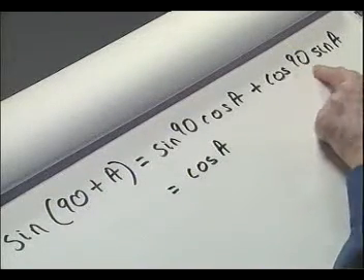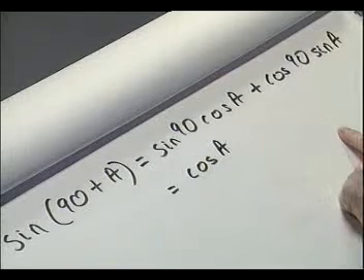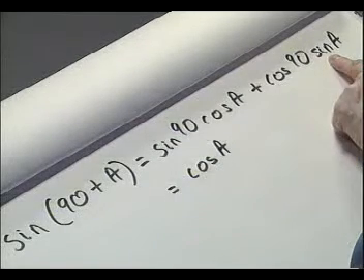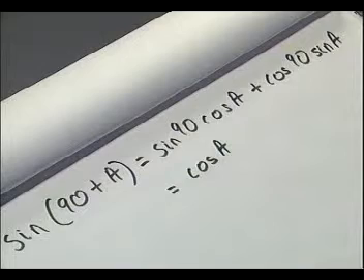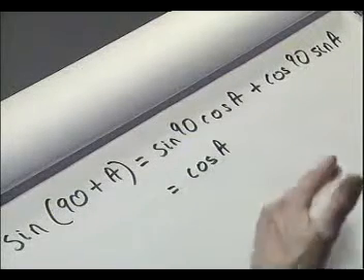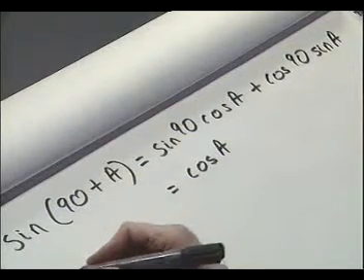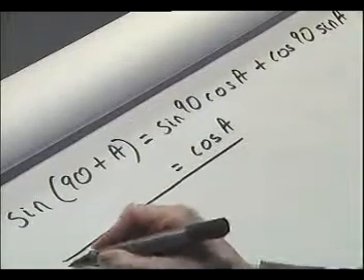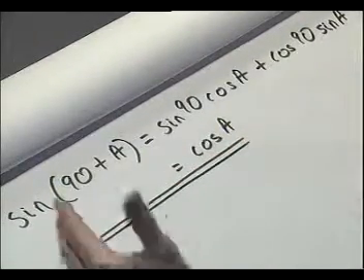But cos of 90 is 0 times by sine a. Well, anything times by 0 is 0. So we're just left with cos a. So an expression such as sine of 90 plus a reduces to cos a.